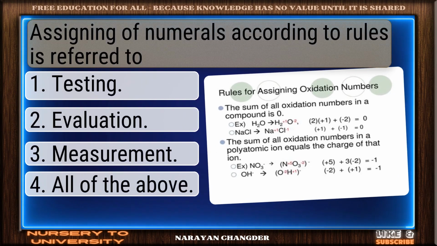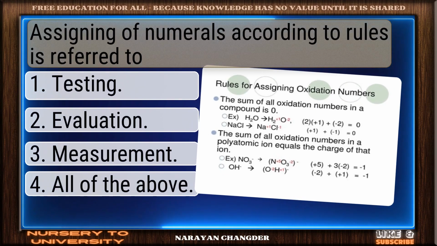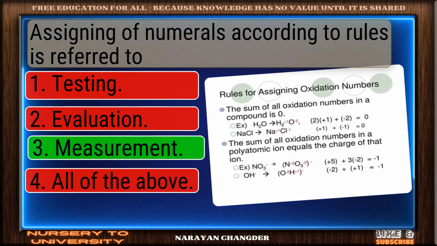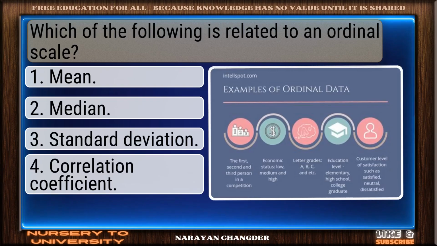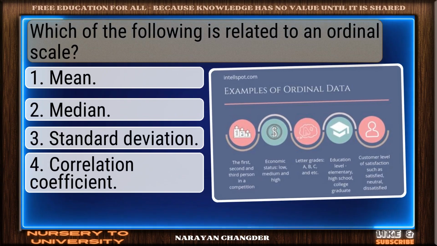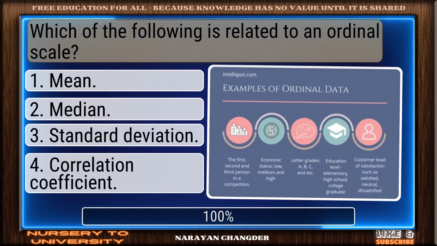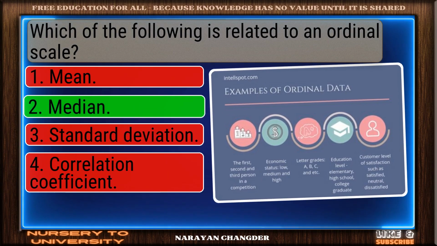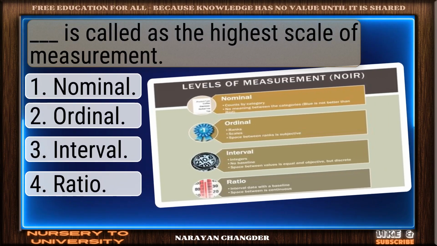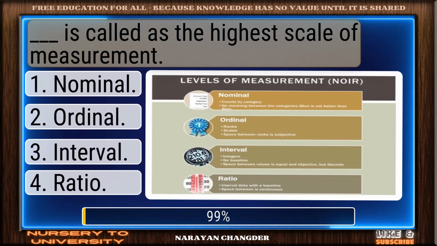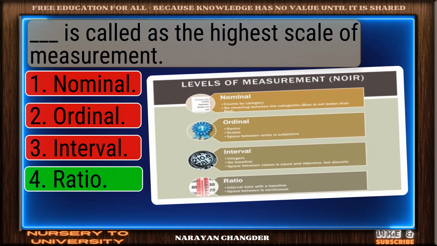Assigning of numerals according to rules is referred to. Valid point. Measurement is true. Which of the following is related to an ordinal scale? Smart move. Median is an accurate answer. Dash is called as the highest scale of measurement. Bravo. Ratio is the answer.